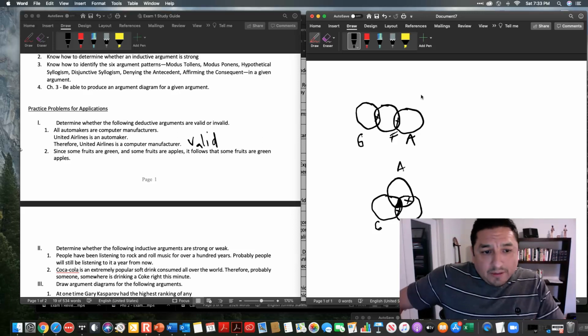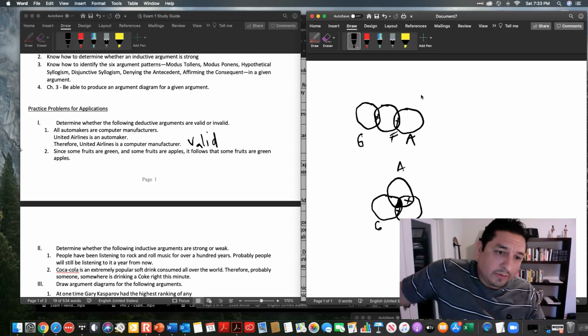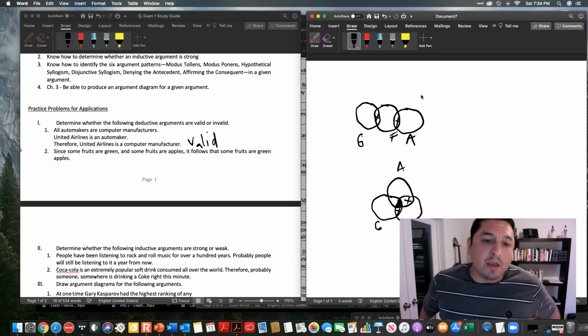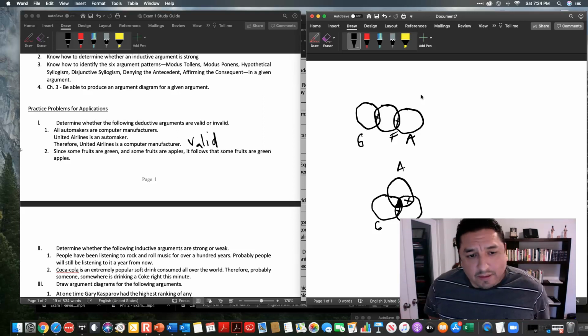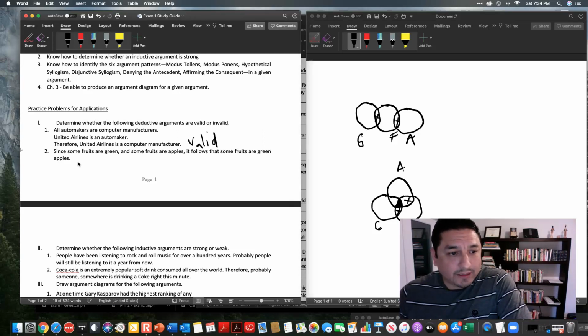So then you don't have in the premises the intersection between green fruits and apples, right? They might be just separated. They might not have any intersection. So the intersection is not guaranteed by the premises, which is necessary to make the conclusion true. So just thinking about it intuitively would make it an invalid argument.